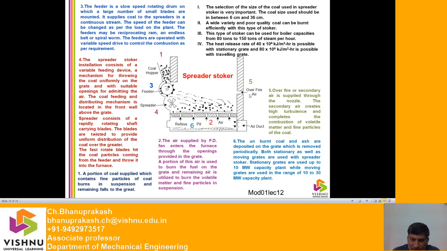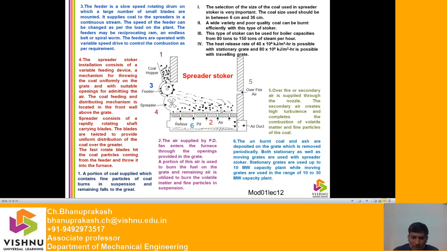See here, the overfire air is supplied through the nozzle with a high velocity. Due to that, turbulence will be created. This high pressure air is used so that any incompletely combusted materials, any volatile matter and fine particles of the coal, undergo complete combustion.